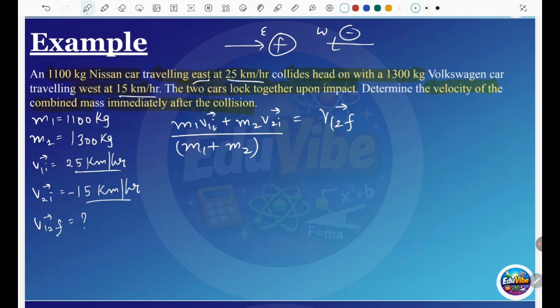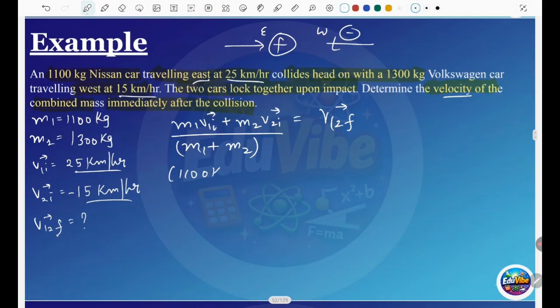I take velocity in kilometers per hour only because the question didn't mention that we want this in meters per second. It only said we have to find the velocity. So it doesn't matter whether you calculate in kilometers per hour or meters per second. We don't need to convert, so just use kilometers per hour.